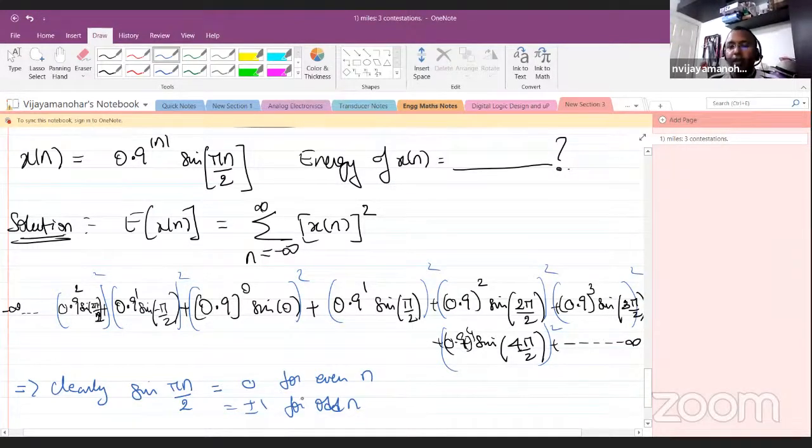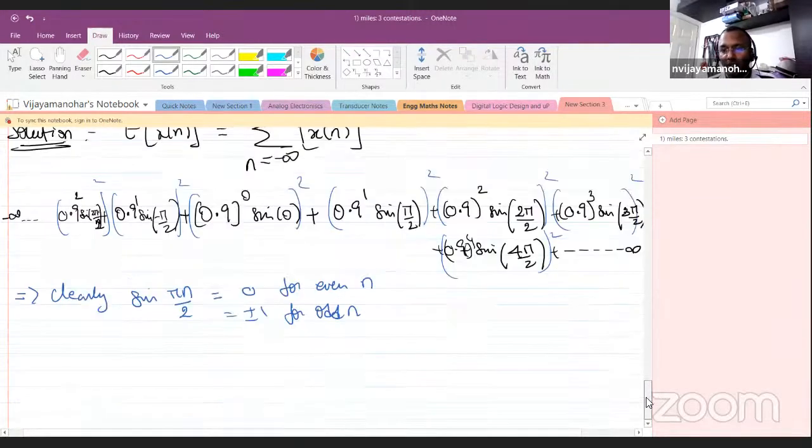And it will be plus or minus 1 whether it is 90, 270, like that. So for odd multiples of 90, it will be plus or minus 1. So let's see how this will look. Minus infinity to infinity, it is going to go.